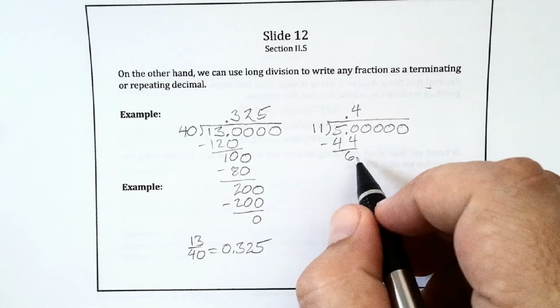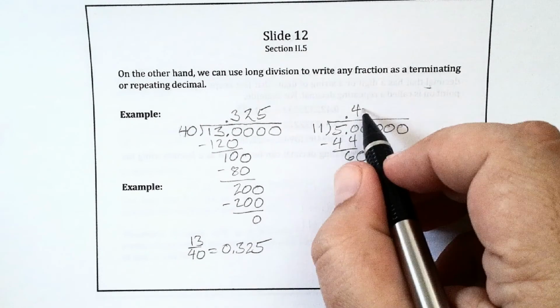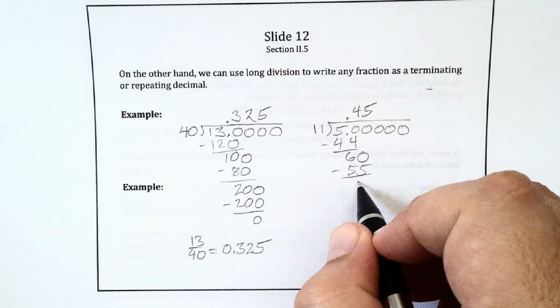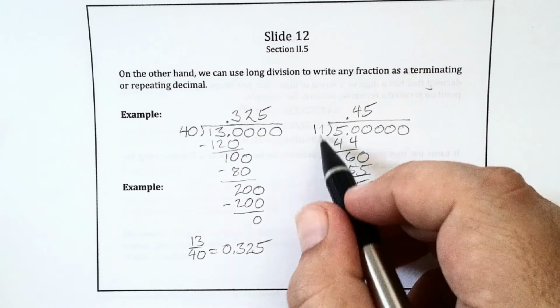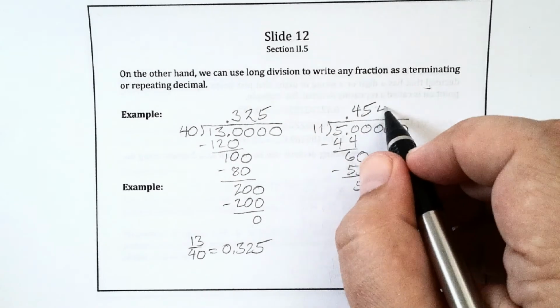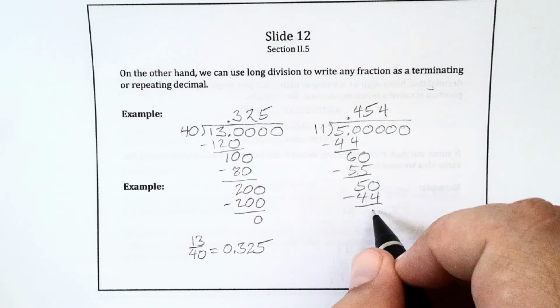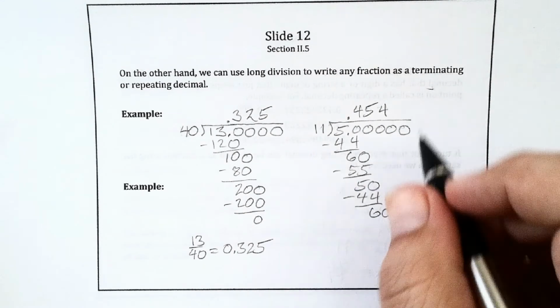Get 6 left over, drop a 0. 11 goes into 60 5 times. Subtract, I get 5, drop a 0. 11 goes into 50 4 times. Subtract, get 6. 11 goes into 60 5 times.